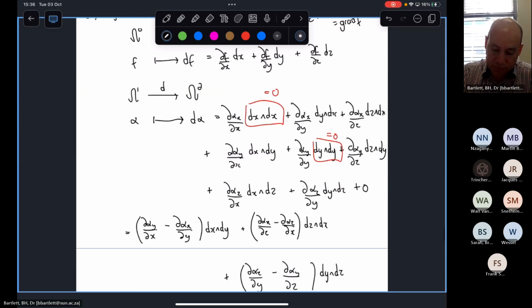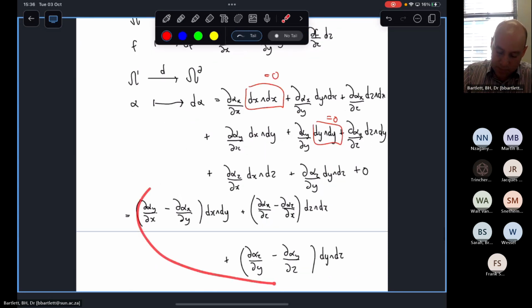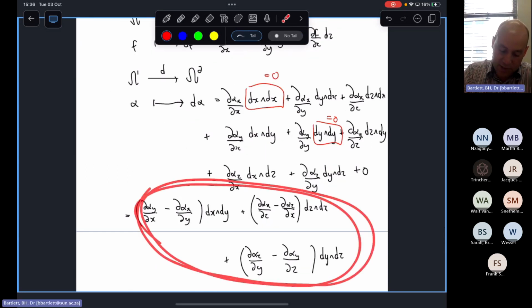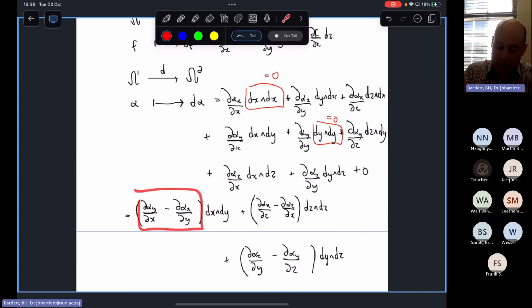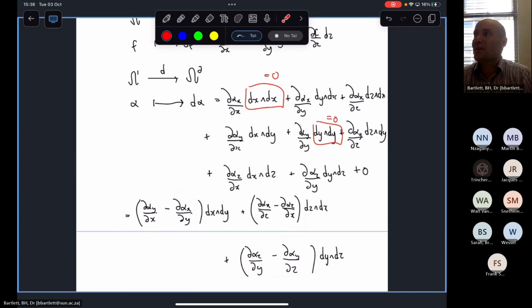Well, at the end of the day, here's my 2 form. If I interpret this as a vector field, this will be the first component of the vector field, this will be the second component, and this will be the third component. Where have we seen such vector fields before? Also known as the? Almost.